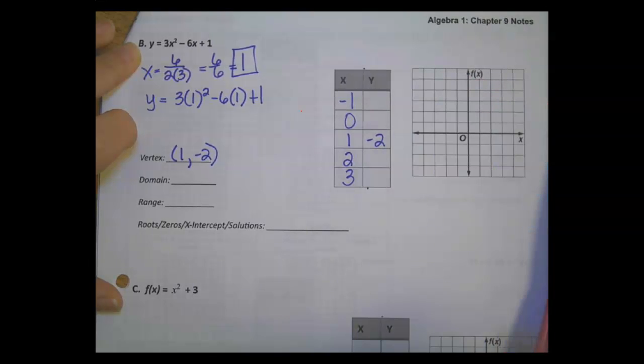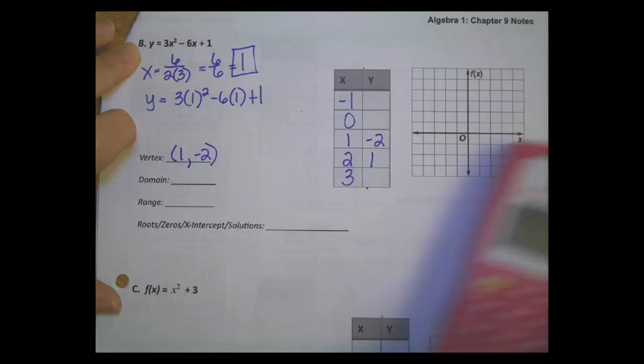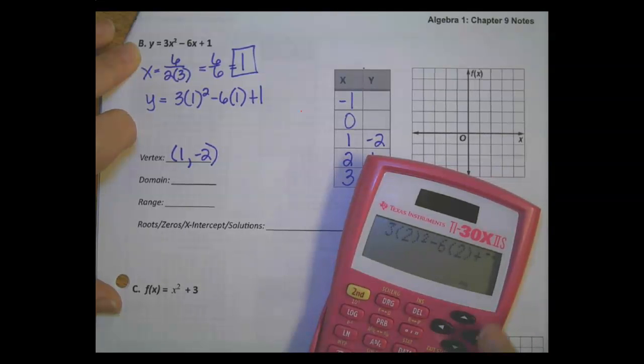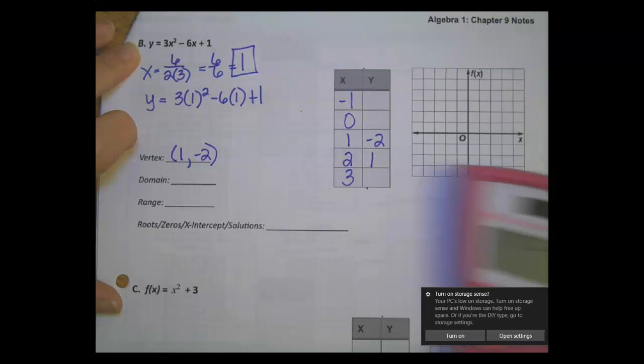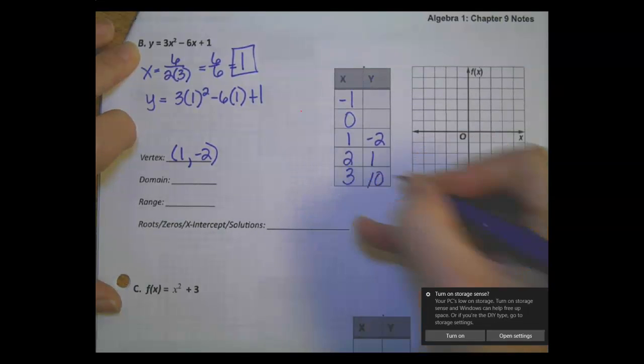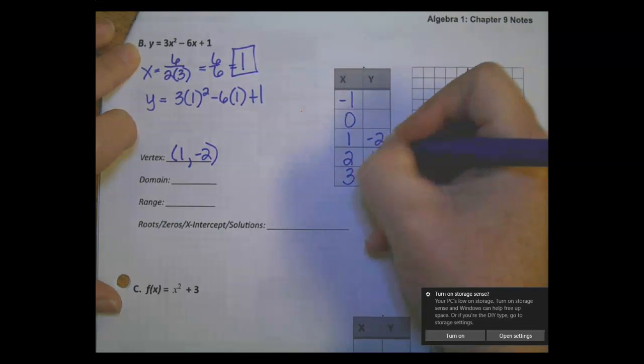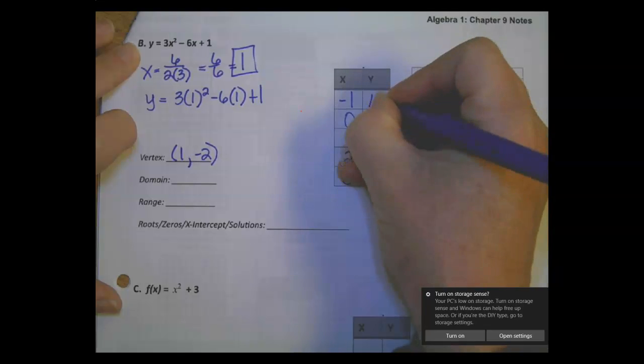And I get 1. Then I'm going to plug in my 10. I'm sorry, a 3 to get 10. Okay, so going backwards, this would be a 1, and then this one would be a 10.